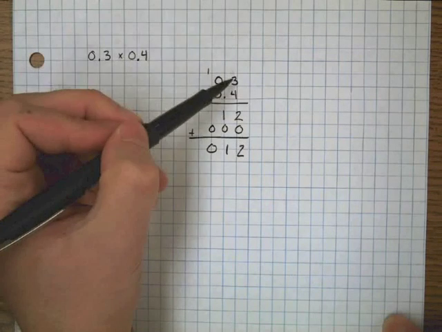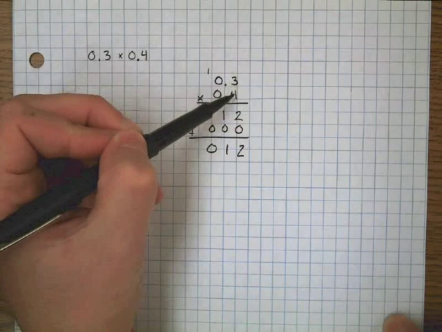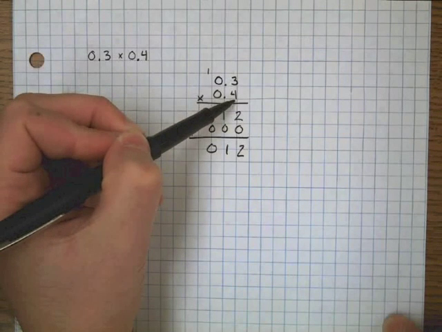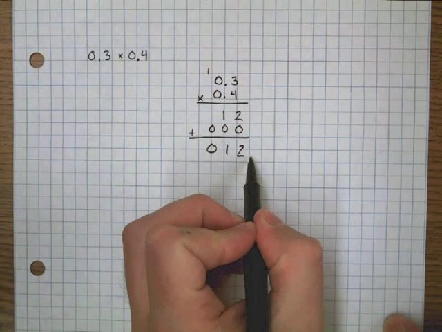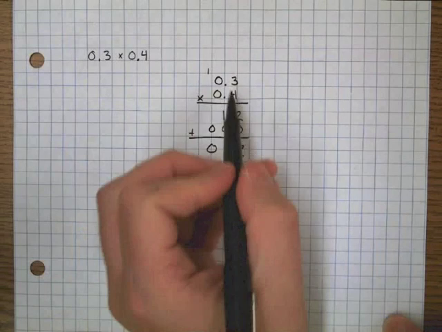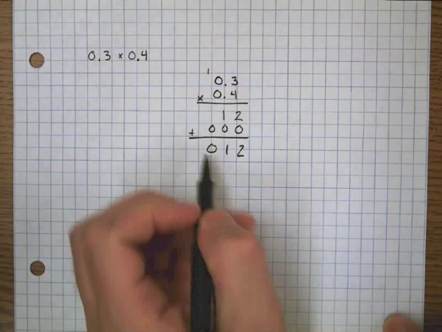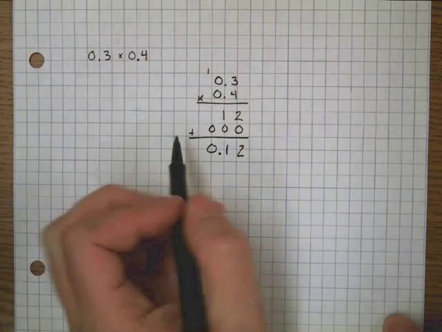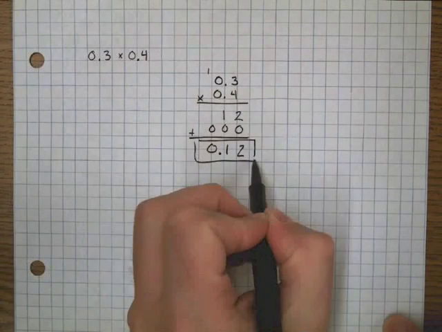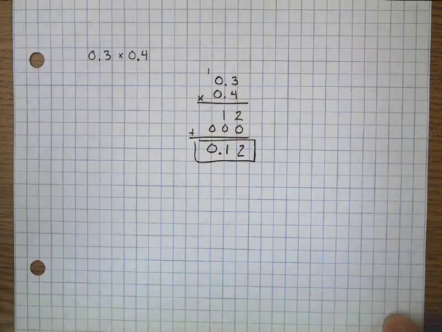I have 1 decimal place here, 2 decimal places here. So if I imagine that my decimal place is here, I need to move over 2 decimal places. 1, 2. So the solution to 3/10 multiplied by 4/10 is 12 hundredths. Same number of decimal places.